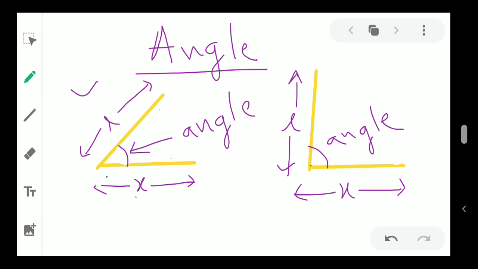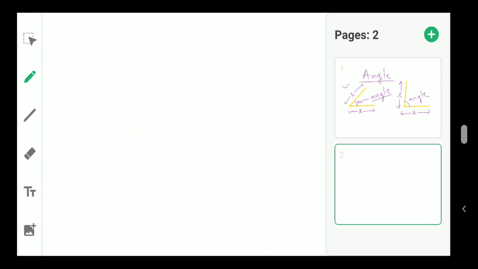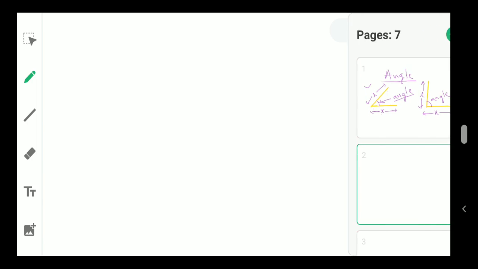Okay, so basically an angle cannot be made without two lines. Like with one line you cannot make one angle. Now coming to how to measure angle. We have something called a protractor to measure angle.